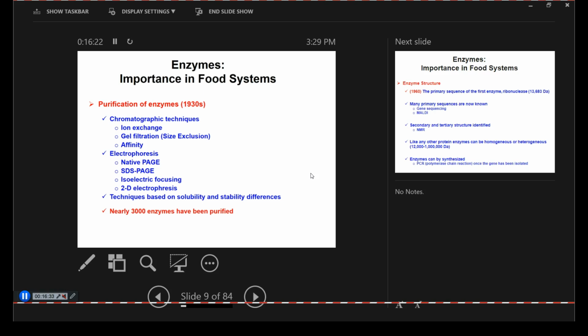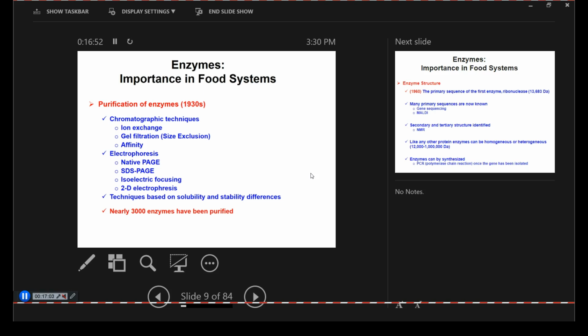In order to isolate and purify them, many different techniques were used: ion exchange, size exclusion and affinity, electrophoresis, and also techniques based on differential solubility. Similar to the example I gave you when we talked about protein separation, I was isolating an enzyme and an enzyme inhibitor back at Purdue, based on differential solubility.